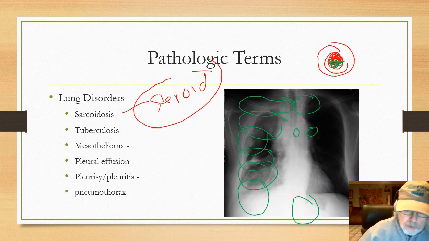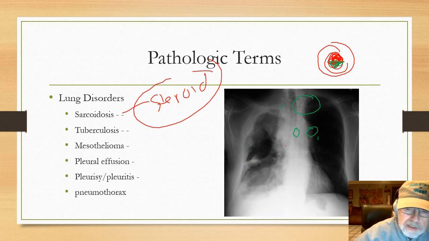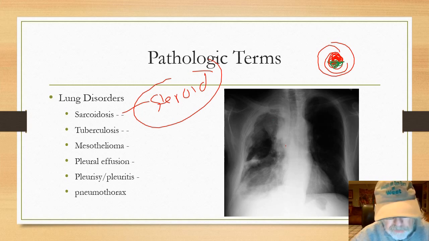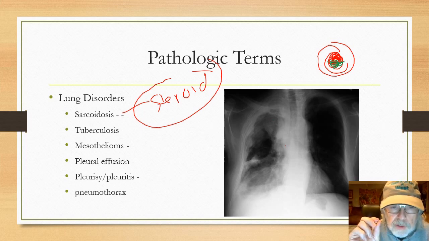Mesothelioma. This is a horrible disease. If you're sitting up at night studying for a midterm exam at 2 o'clock in the morning, you might hear something like, if you or your family has been exposed to asbestos, call our law offices. What happens is asbestos is small, microscopic filaments that get in the air.